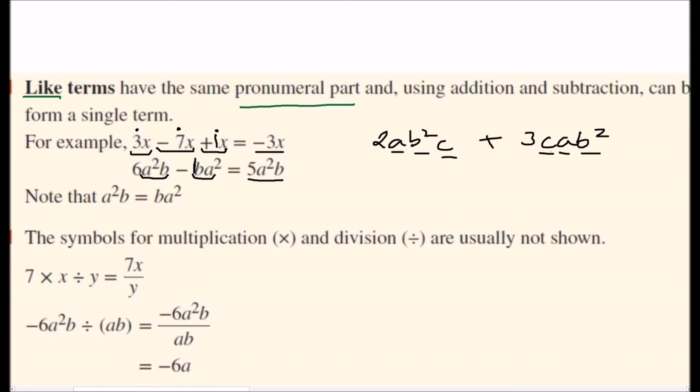So whether you put them in different spots or in the same position, as long as they have the same variables and the same indices, it's fine. You can add them together. So when you add these two together, 2ab squared c plus 3cab squared is going to equal 5ab squared c.